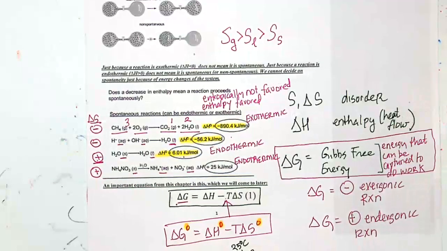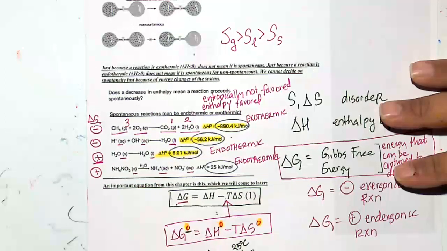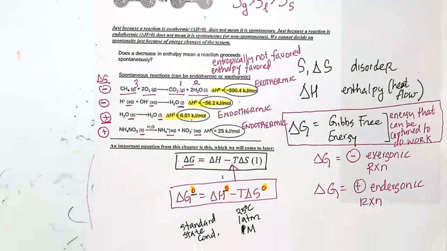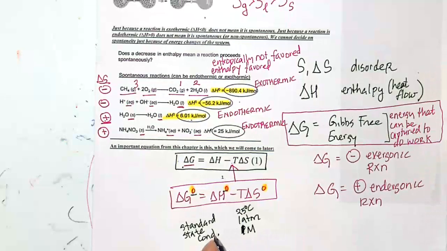If you're having solutions, it's at 1 molar. So anyways, this knot represents standard state conditions. Yes, 1 molar. It's a very specific set of conditions.